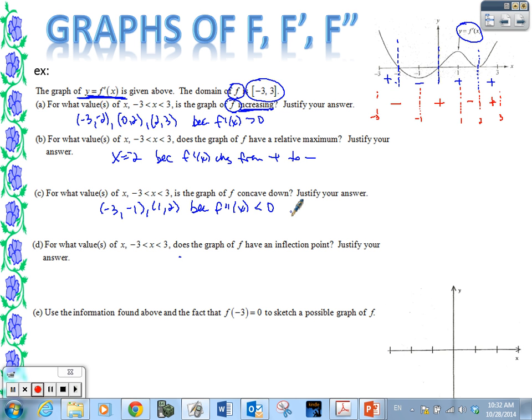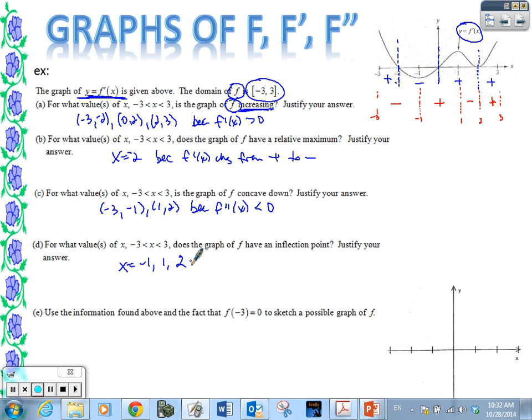So, do I have sign changes in the second derivative? Yes. So I am going to have inflection points, and it just wants our x values. So x is going to be, let's see, -1. X is going to be 1 and 2.